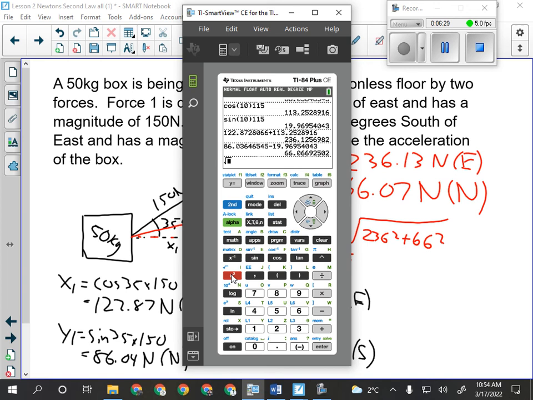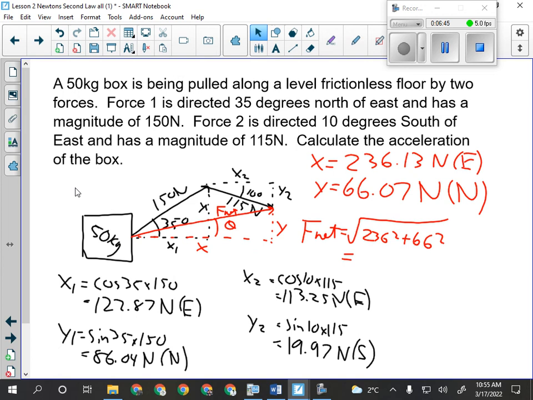That's what I want. So I'm going to take 236 squared plus the 66 squared. All right, so my net force is 245.19 newtons.